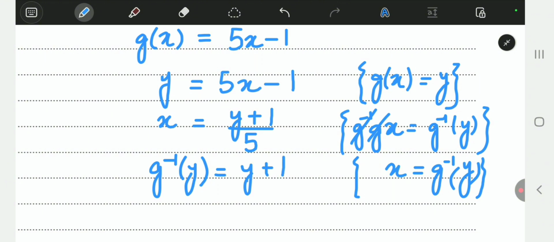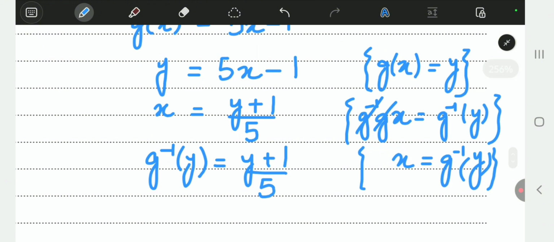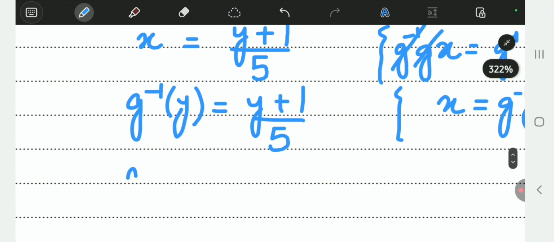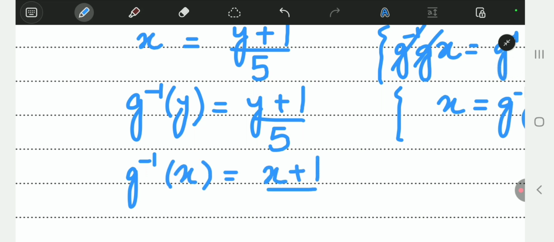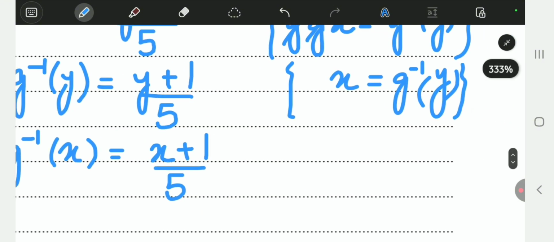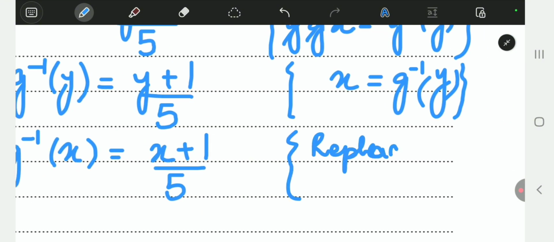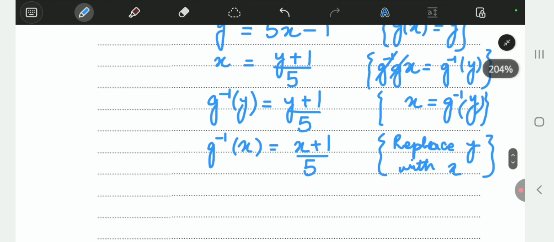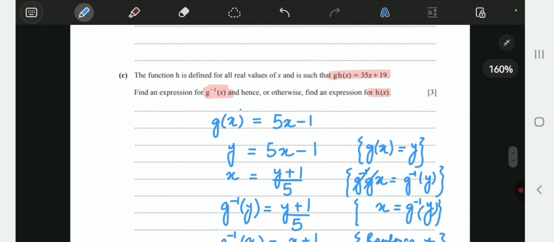This is the second last step of making inverse, and then we'll change the variable, replace y with x. So you will be having x plus 1 over 5. Replace y with x. So this is the first part of your question.